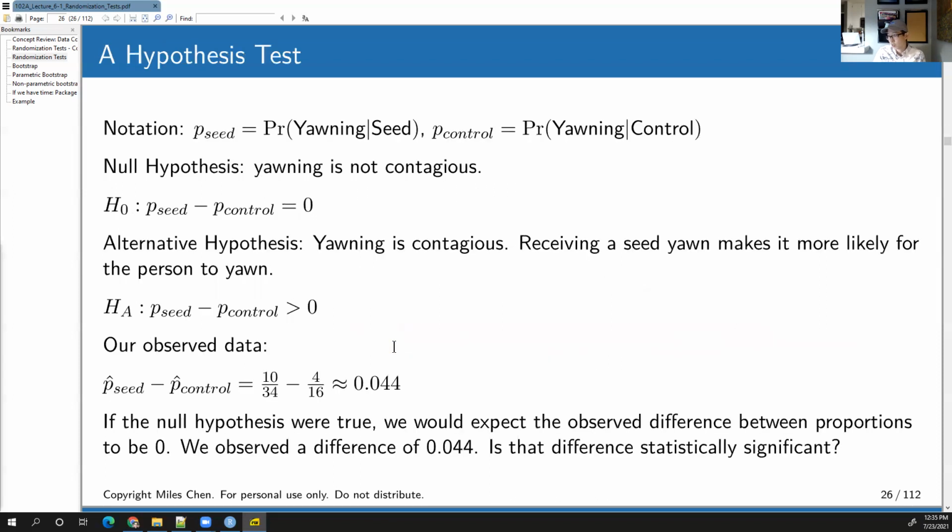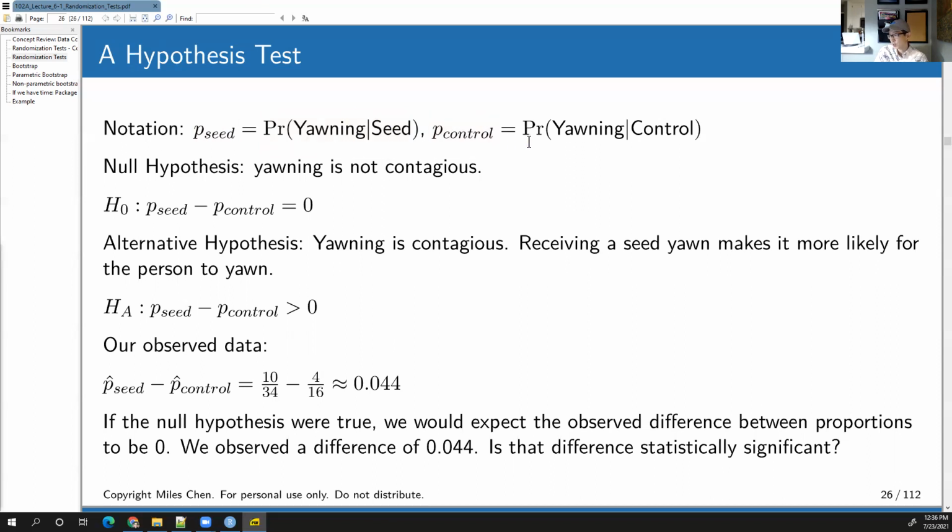One thing we can do is a randomization test. Here's how we can express this a little more mathematically with some notation. The proportion P seed is the probability that someone yawns given that they were in the seed yawn group, meaning they saw Carrie yawn in front of them.